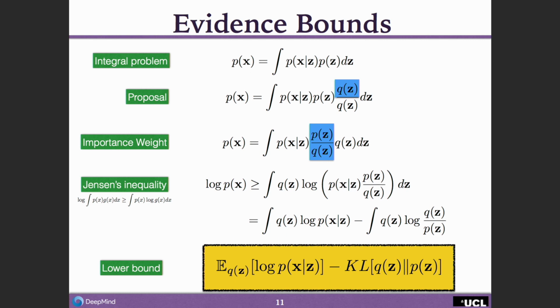So just read that again. Now this is an expectation over q of z of this joint log probability. And so we can split that, using the property of the log, into an integral of the log probability of p of x given z minus the integral of this log ratio, q of z divided by p of z.